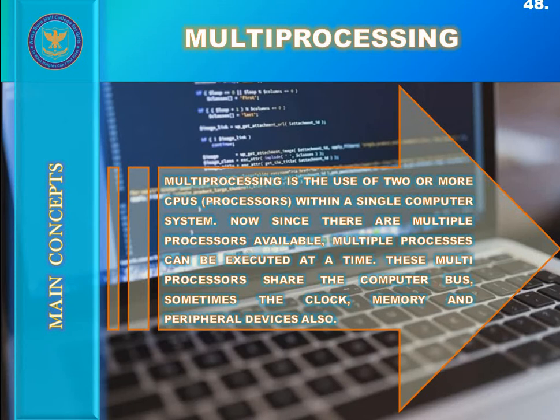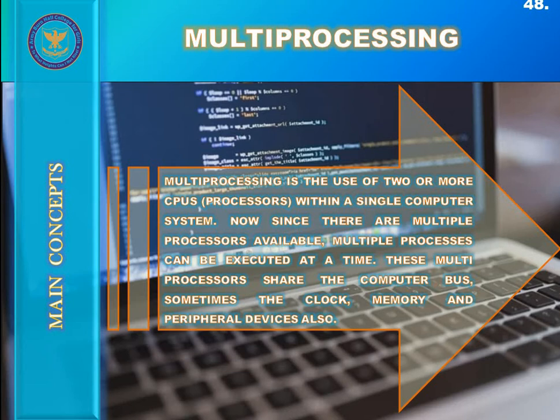Multiprocessing is the use of two or more CPUs. It is the use of multiple CPUs within a single computer system. Multiprocessing means adding more CPUs or processors to the system, and adding more processors or microprocessors inside the computer increases the computing speed of the system, as multiple CPUs would be able to handle multiple tasks at the same time.